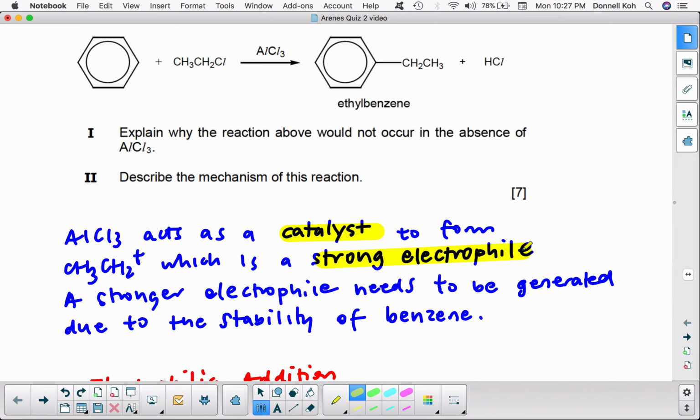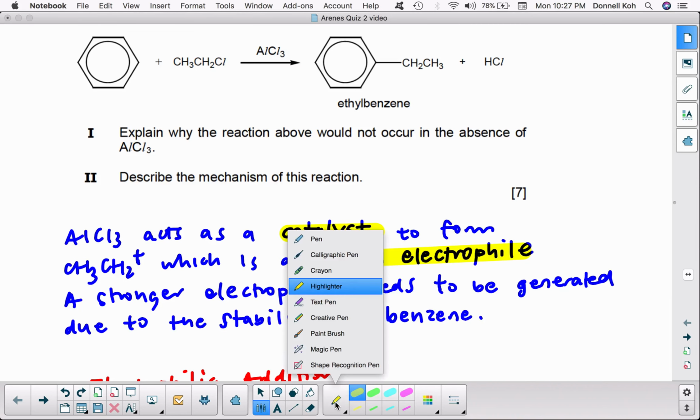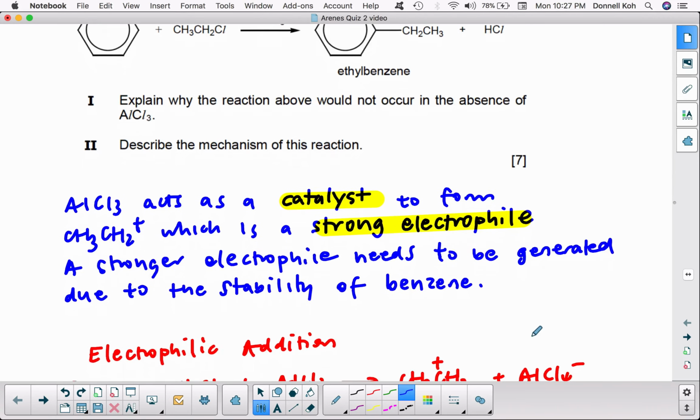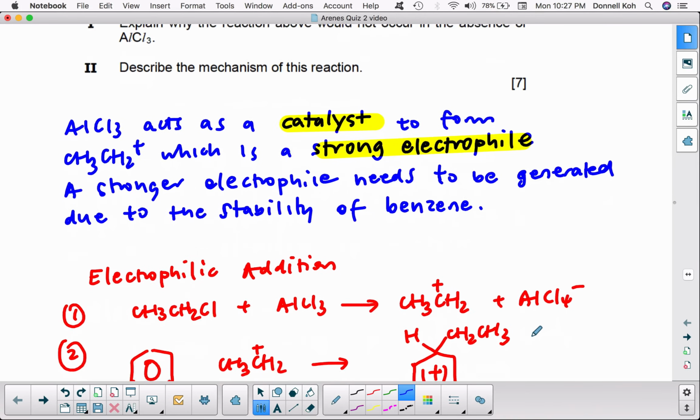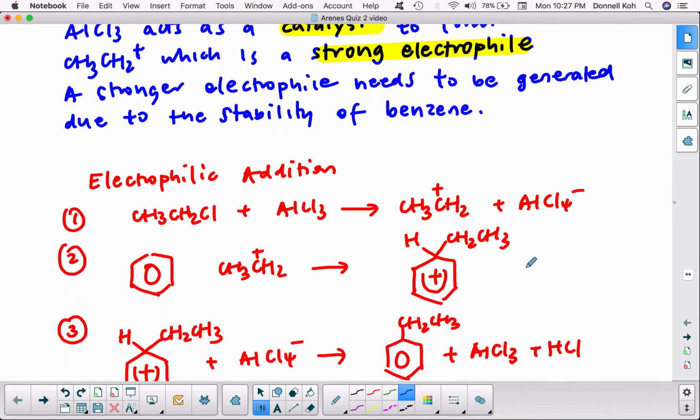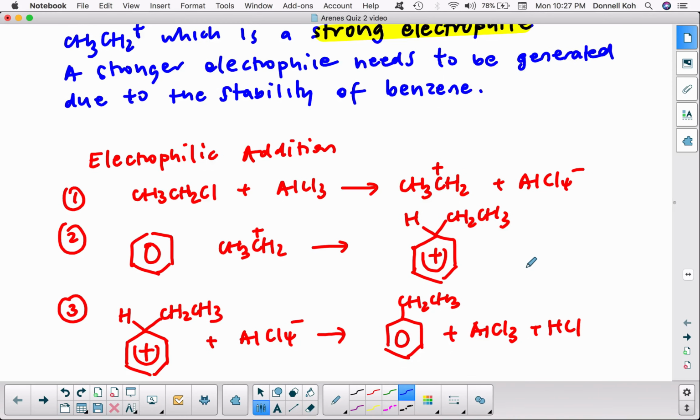Okay, describe the mechanism of this reaction. The mechanism of this reaction is known as electrophilic substitution. The first step is the generation of the electrophile, which is over here.